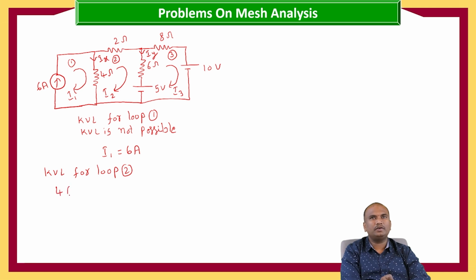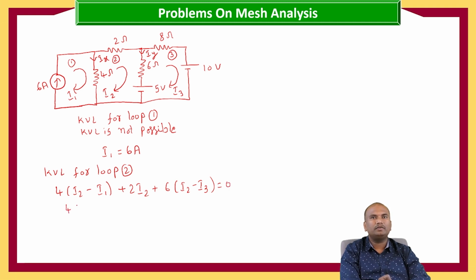That is 4 into (I2 minus I1) plus 2 into I2 plus 6 into (I2 minus I3) is equal to 0.